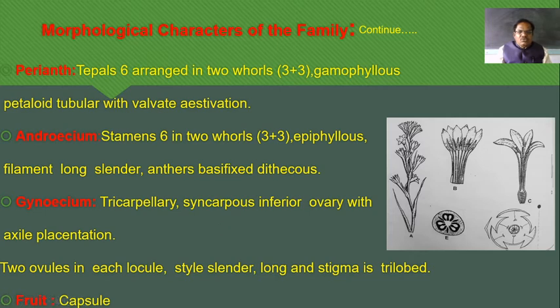Then, 2 ovules in each locule; in each chamber, 2 ovules are found. Style is slender, long, and stigma is trilobed. Trilobed stigma is found there. And fruit is of the capsule type.